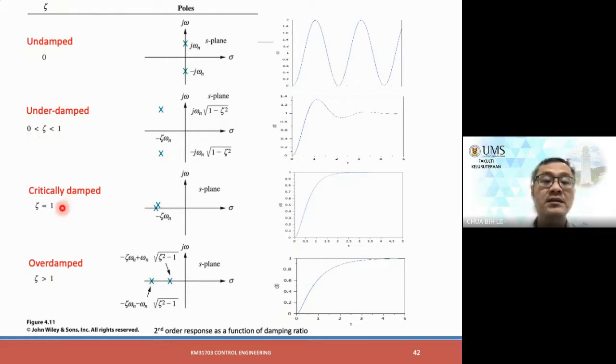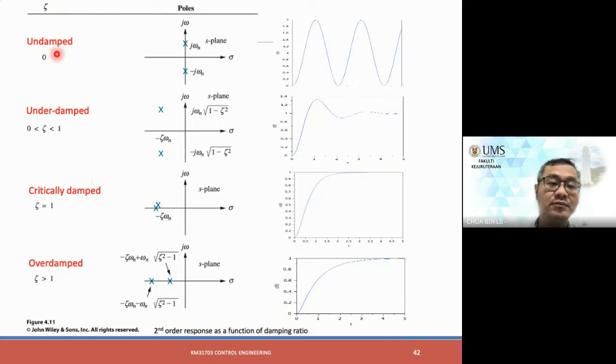When the damping ratio equals 1, this is critically damped, the fastest damping without any overshoot. Without overshoot means the value does not go more than the steady state value. The steady state value probably is 1, and with overshoot it shoots more than that. So critically damped will not have that overshoot, it just goes straight to the steady state value. Overdamped will have the damping ratio more than 1.